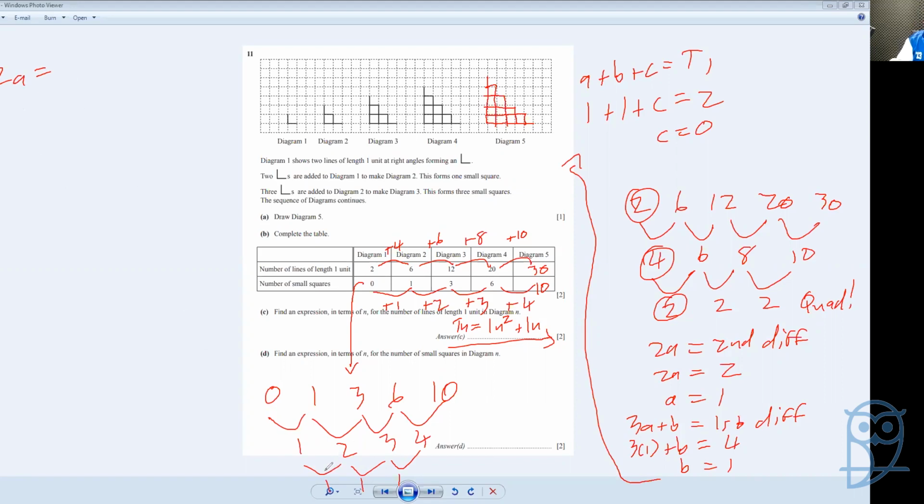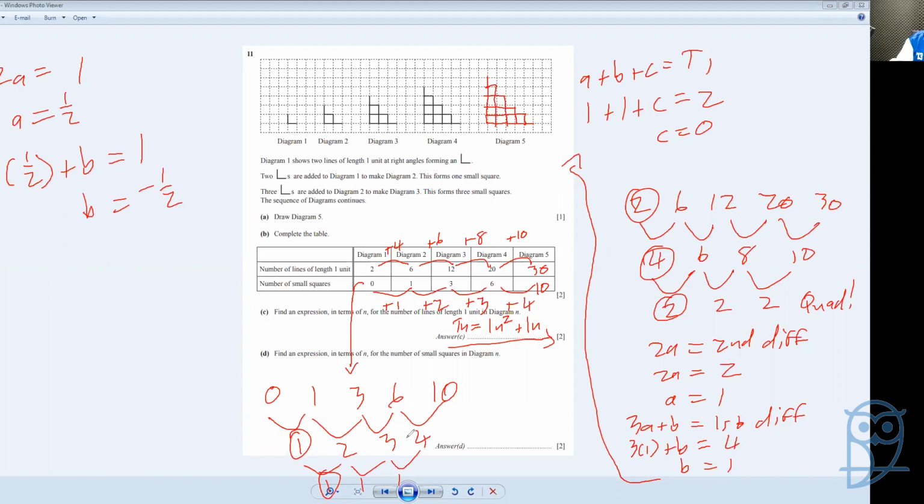2a equals my second difference of 1. A is a half. 3a, which is a half, plus b equals my first difference of 1. So 1.5 plus something gives 1. That is minus a half.